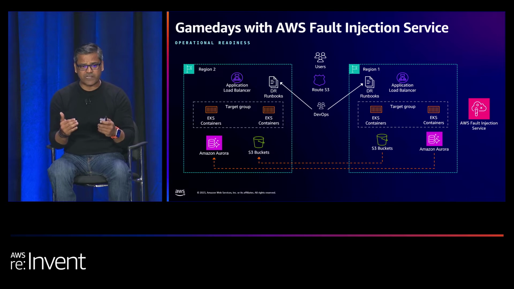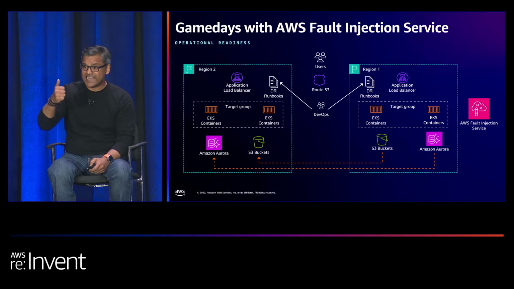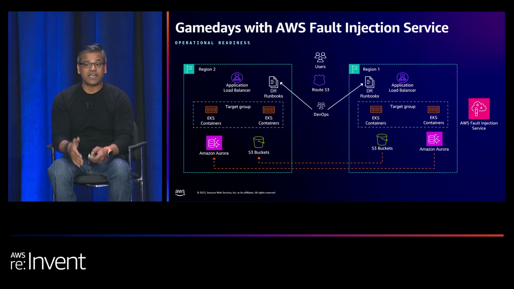And effectively what you're really trying to test is your detection control. Can you detect a problem? Your recovery controller, once you get the detection or the signals, are your recovery controls and recovery procedures working as effectively, and any kind of mitigation controls you want to build as part of that process. So they adopted something we also prescribe a lot, which is running game days, company-wide game days.